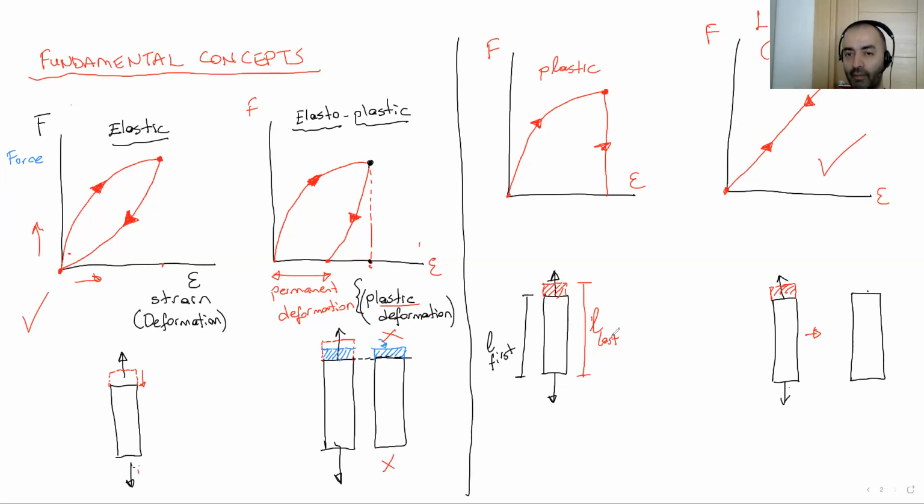In the plastic behavior, we apply loading, we go to the maximum deformation. That's okay under this loading. But when I remove this loading from here, deformation is still there. It doesn't change, completely or a little bit. We have the maximum deformation. It's a permanent deformation, a kind of plastic deformation.